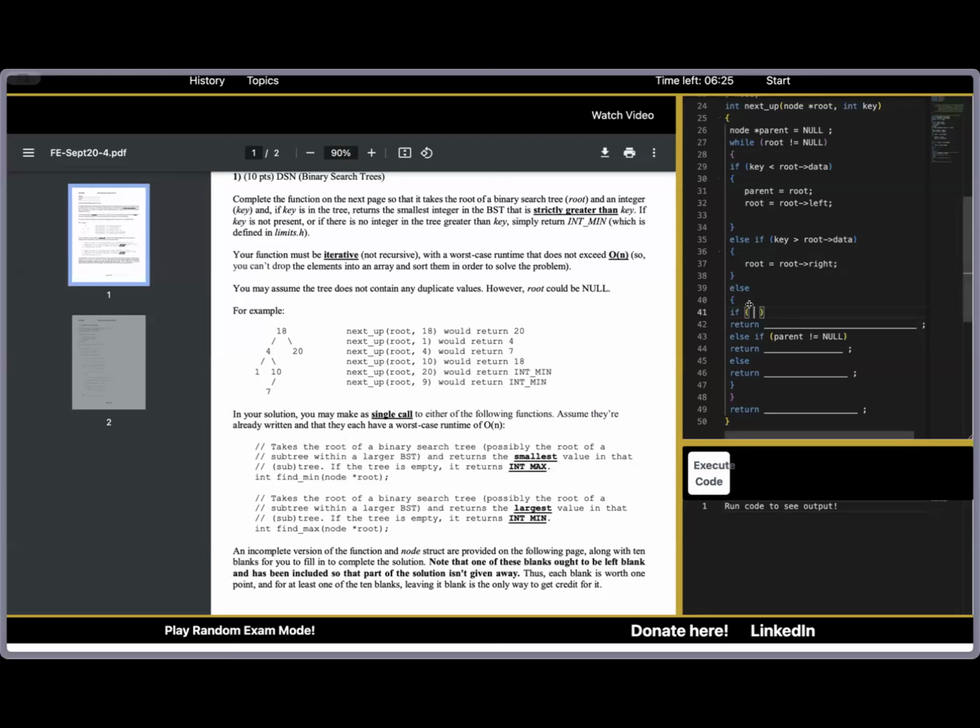I'll give you guys a statement, see if you understand from here. So for this one, we're actually going to check to see if the root right does not equal null.